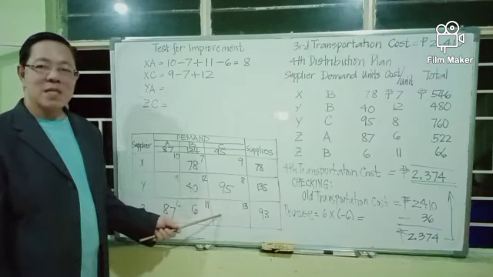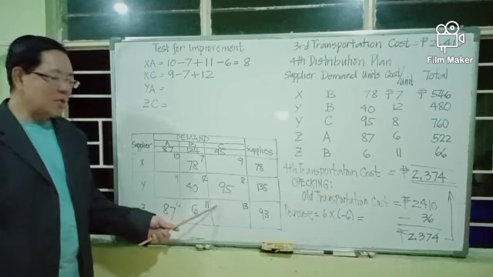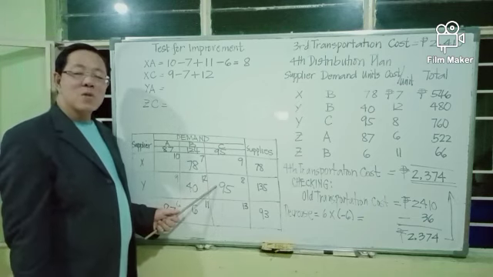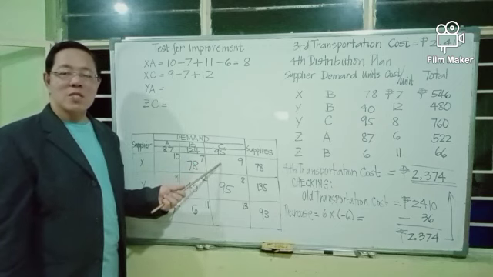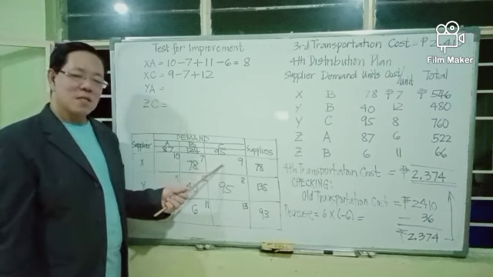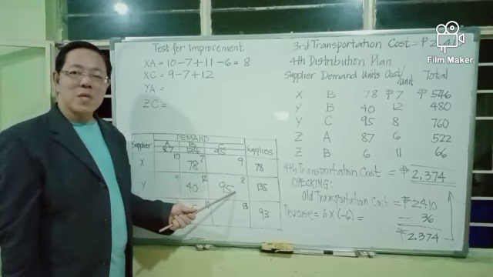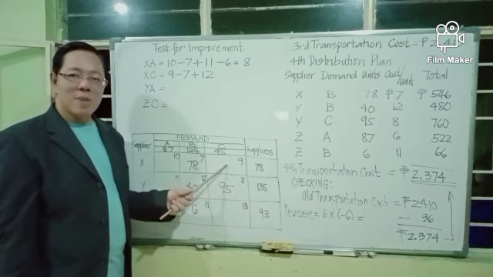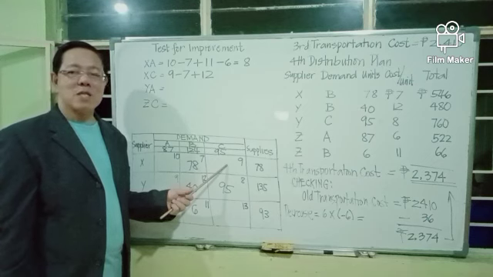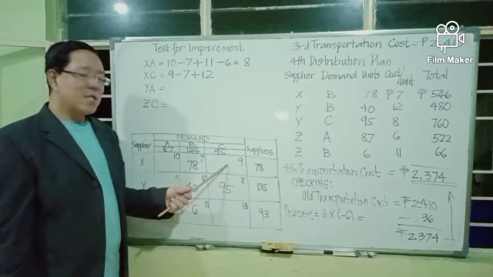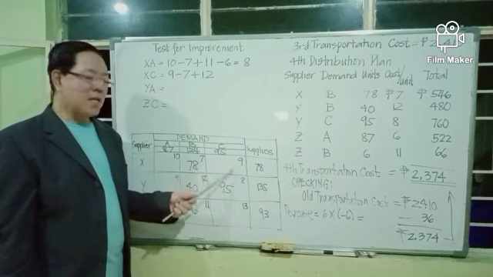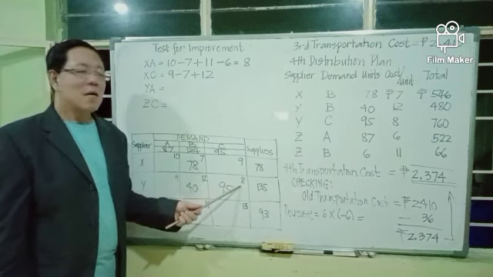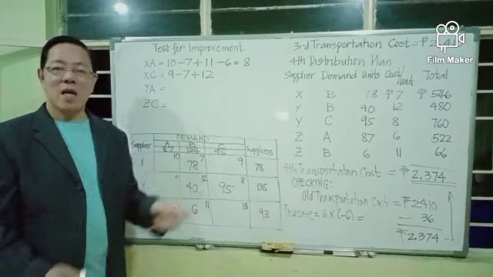If you move vertically downward, you cannot do that because this is empty, but you can move vertically upward because you will be back to your point of origin, the vacant cell XC. Hence, from 95, we move vertically upward and we are back at our point of origin, the vacant cell XC. The cost associated with that vertical movement upward is the negative of this cell cost, and here we write minus 8.